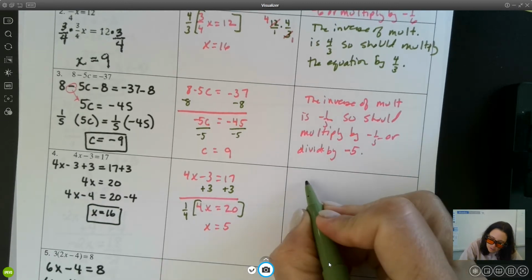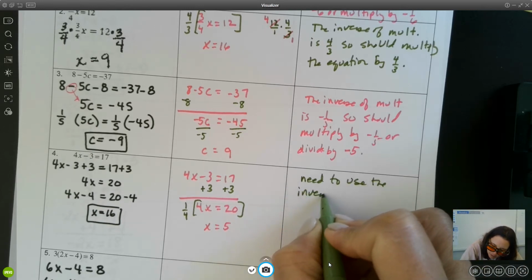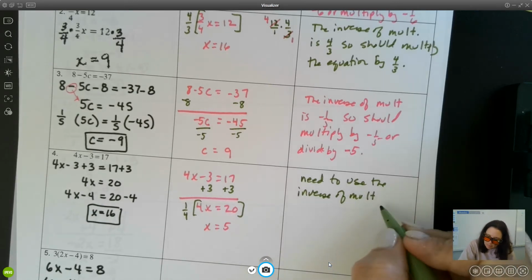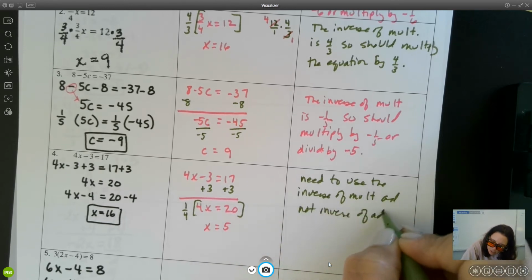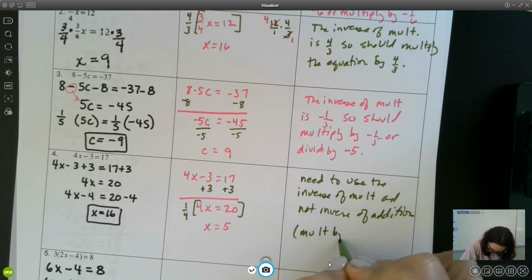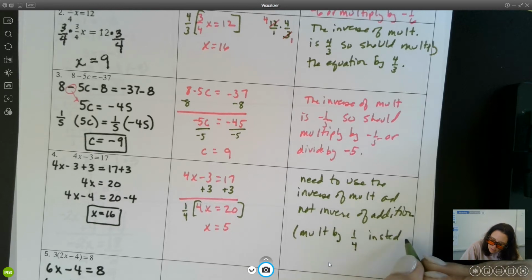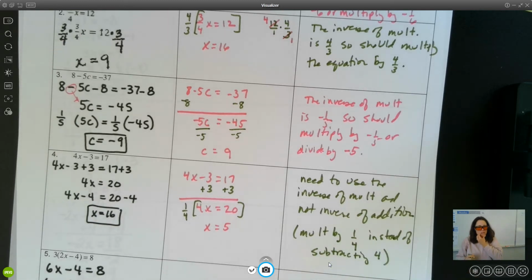Need to use the inverse of multiplication and not inverse of addition. Multiply by 1/4 instead of subtracting 4. Okay. All right, number 5.